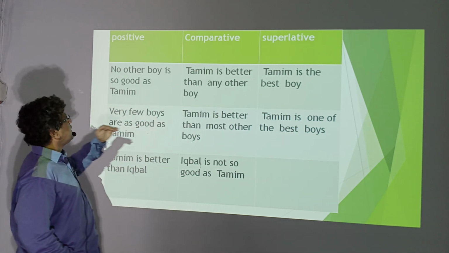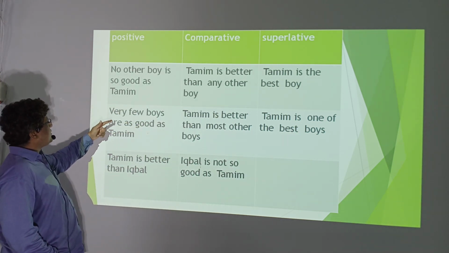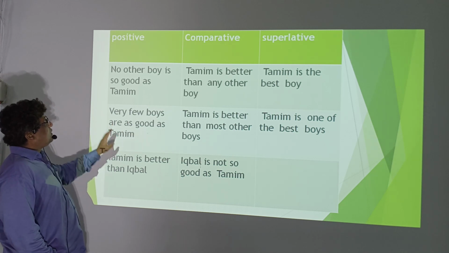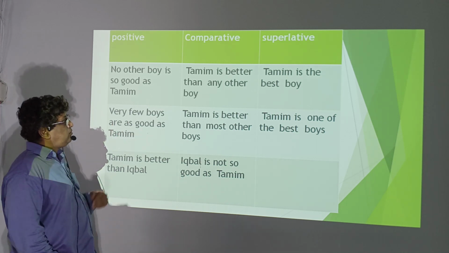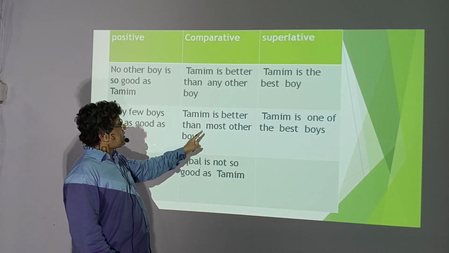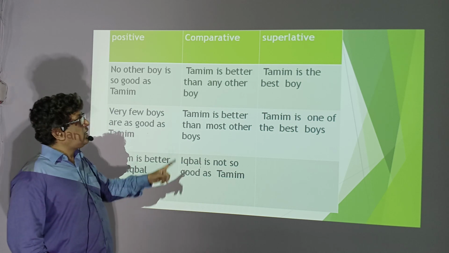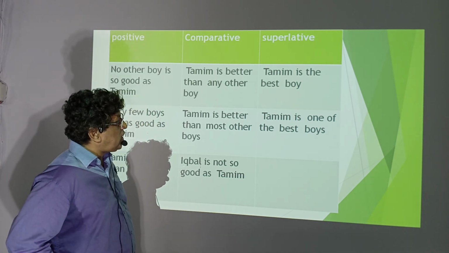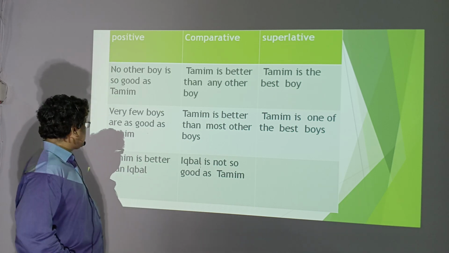So the pattern goes like this: "Very few boys are as good as Tamim." This positive form will be transformed into comparative as "Tamim is better than most other boys." And in the superlative form: "Tamim is one of the best boys."